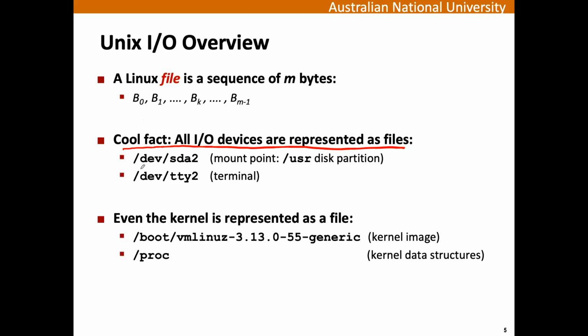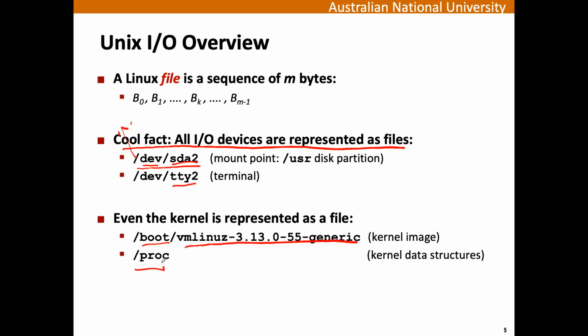So here is a hard disk, which appears under / is the root directory. And then under dev, we have a device, SDA2. Similarly, there's a terminal, TTY2. This is where you output when you print something to the screen. And it appears as a special device. Even the kernel image, which is the compiled binary for the kernel, appears in /boot.